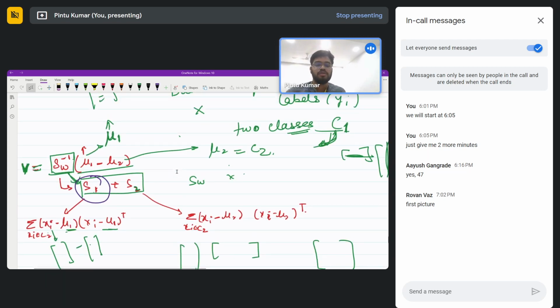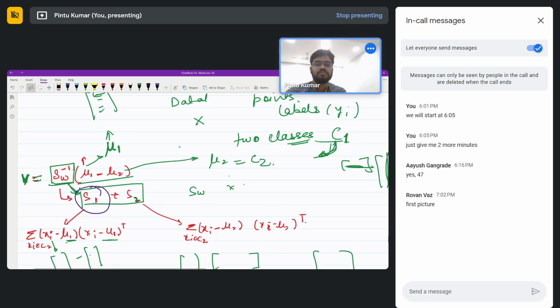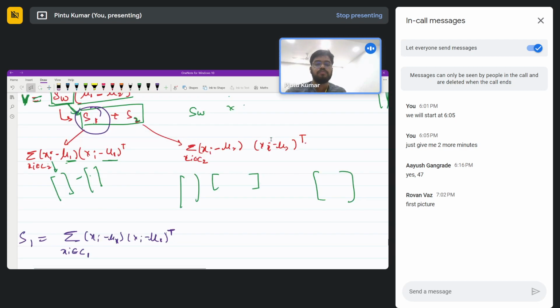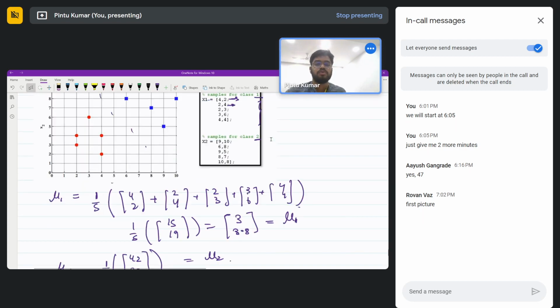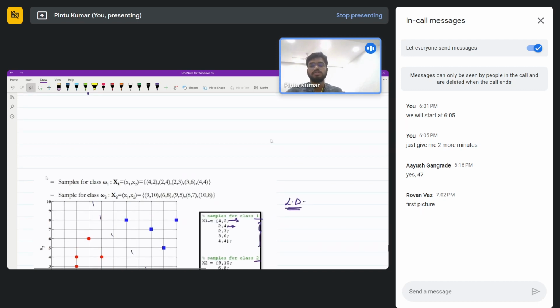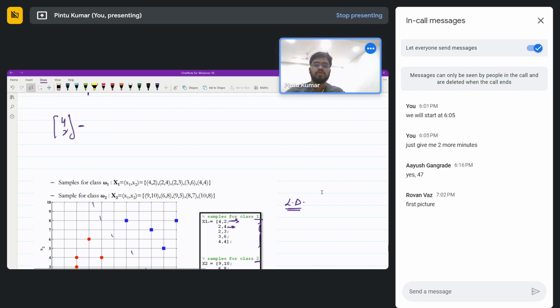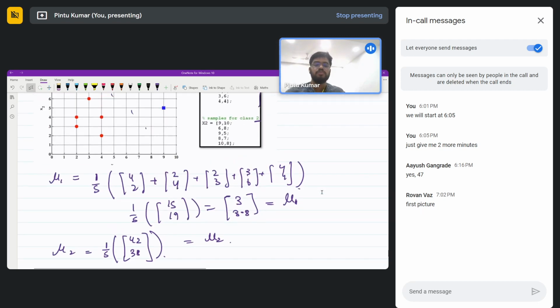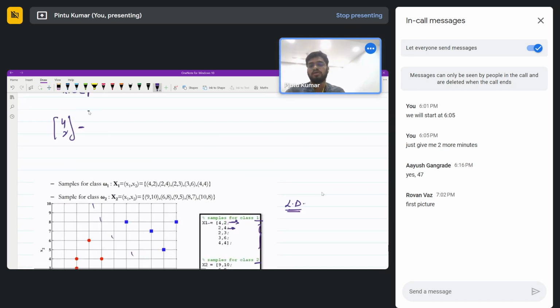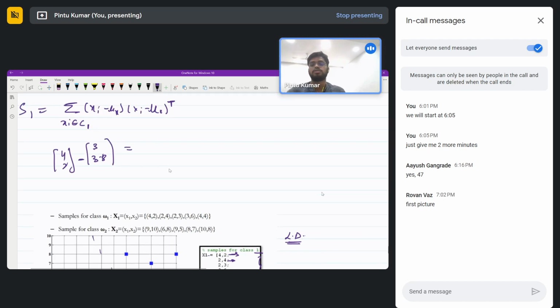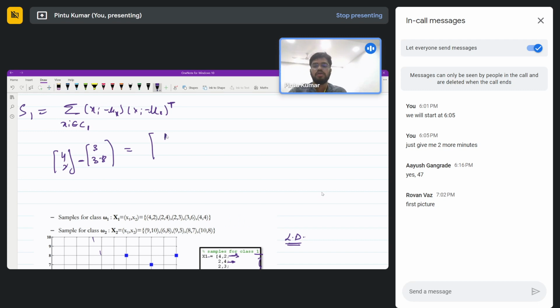For the first one, my x is 4, 2, and my mu1 is 3, 3.8. So what is this? This would be 1 and minus 1.8.